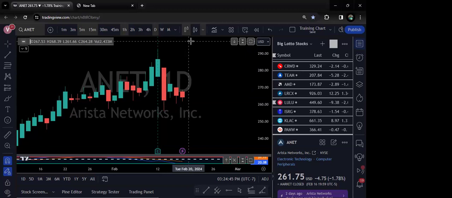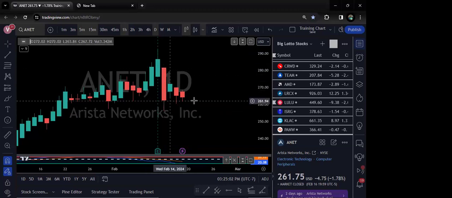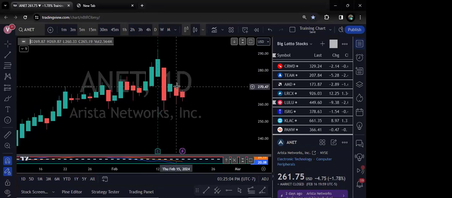But you wouldn't jump in until you got to the top of that red bar, correct? No. When you have such a wide range bar, this is a stock you need to watch. Why?